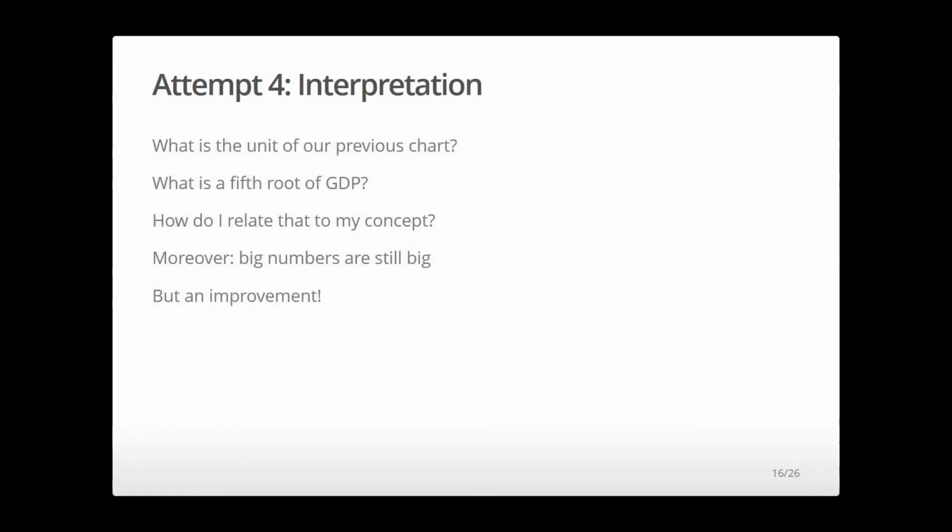Maybe I've been watching the wrong news channels, but I've never heard a newscaster refer to the fifth root of GDP, or The Economist write about it. I don't really have the mental scaffolding necessary to contextualize the scale. Moreover, those pesky huge values are still stubbornly outside of where I'd want a well-behaved distribution to be. So, better. Not great, but on the right track.